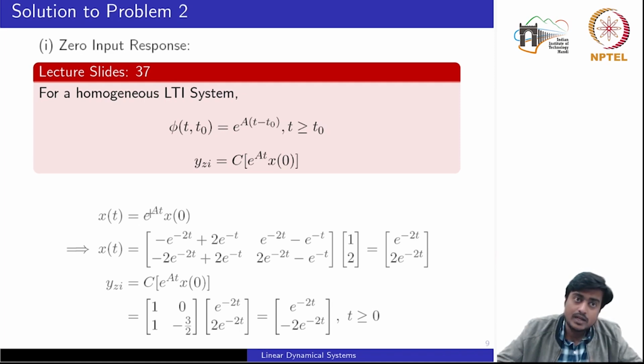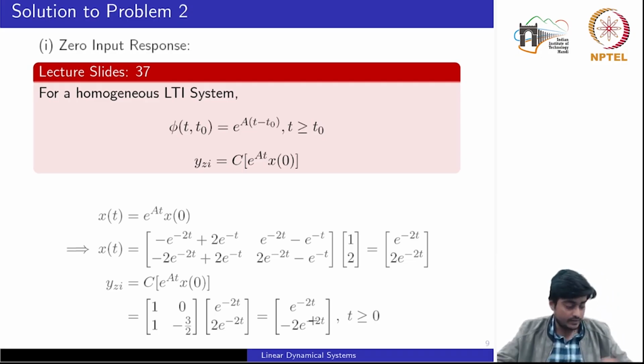First we compute the Laplace transform of this time domain function, and then to obtain the time domain solution we take the inverse Laplace transform. Then, putting in the C matrix, the exponential matrix, and the initial condition, we finally obtain this solution. This is the zero input response for the given initial conditions.